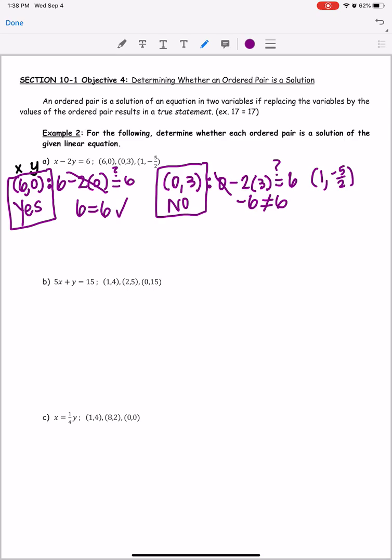And I'm definitely not going to have room. I'll tell you what, for the sake of room and time, B is the exact same, so I'm not going to do B in this video, and so I'm going to use this room down here for this one. So we've got 1, negative 5 over 2.